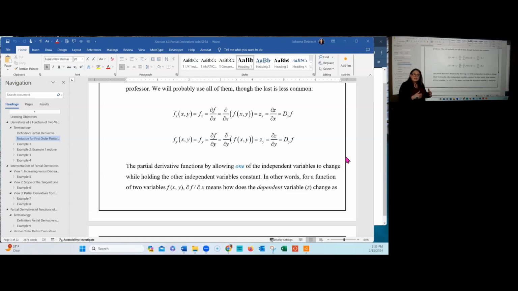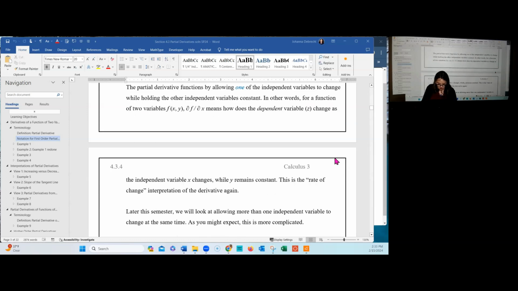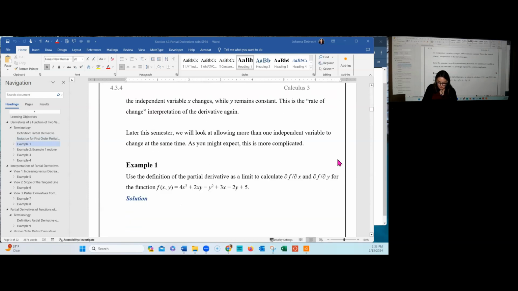So what you're getting is how the z changes as the y value varies, but x does not vary. So how does the dependent variable change as I freeze one of the independent variables, but change the other one? This is also the rate of change interpretation again.